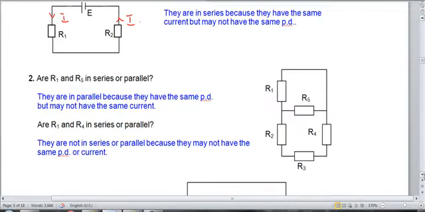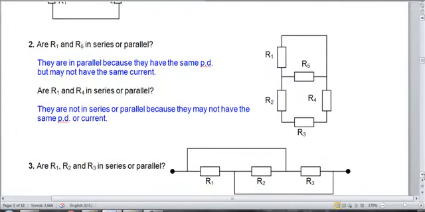What about this circuit here? R1 and R5, are they in series or in parallel? Well, no matter how you connect the battery, you can put a battery here. The current at this junction will branch into two, and then they'll recombine back.